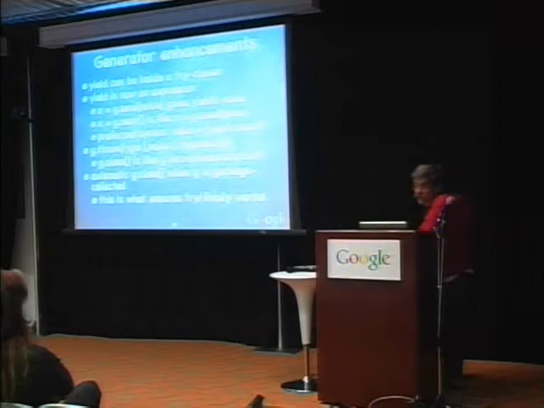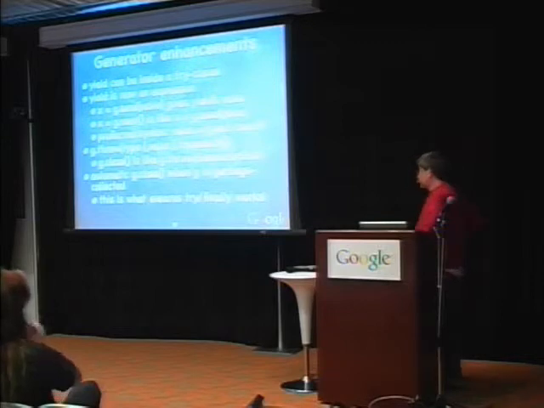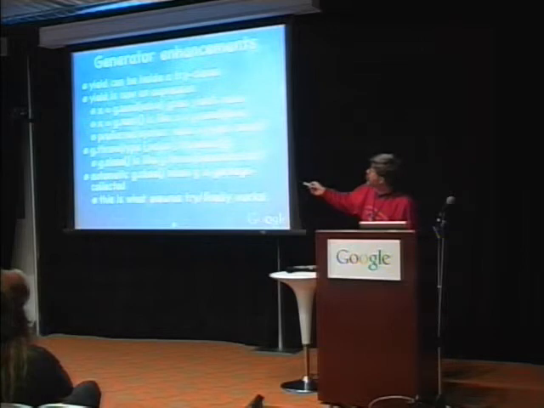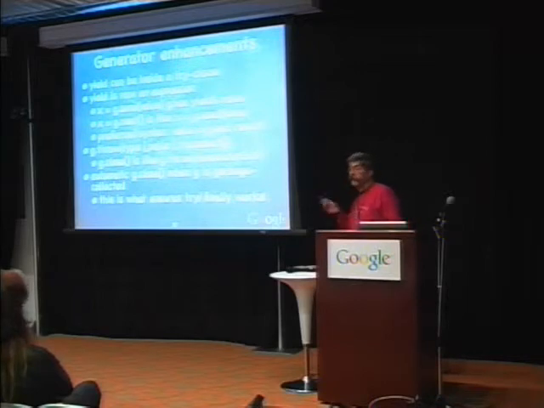So yield is now an expression. You can keep using it as it was, because it's still valid as a statement, but it also has a return value. So what's that return value? Well, if you have Python 2.4 code and just move it to 2.5, the return value will always be None. But there's a new method in generators, which is send. Instead of doing g.next, which is all you could do on a generator, implicitly in a loop or explicitly in your code, you can, if you wish, call g.send passing a value.